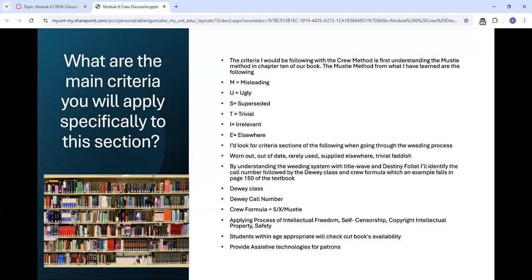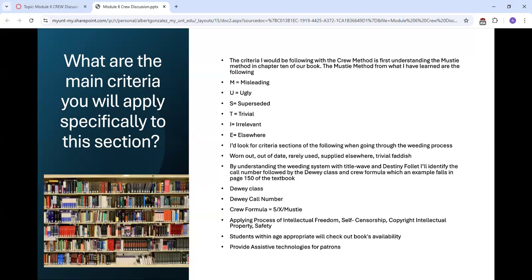By understanding the weeding system with Tidal Wave and Destiny Follett, I'll identify the call number and the Dewey class with the CREW formula, which is an example on page 150 from the textbook. So we have the Dewey call number of the book, then the class where it would be, and the CREW method, which would be the years it's been published, then how many copies we have of the book, and then applying the MUSTY method with that. So it's basically on those divisions.